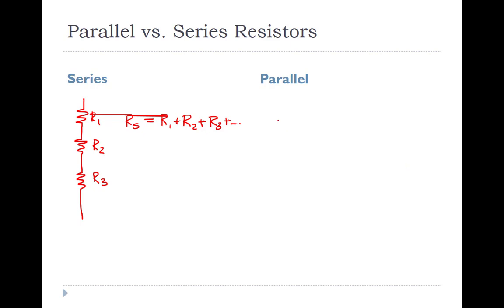On the other hand, I can hook resistors together in parallel. So I will draw that like this to the best of my ability, where this is R1, R2's in the middle, R3's on the other side. We'll give it some tails. Now if I think about it, the current has multiple paths.